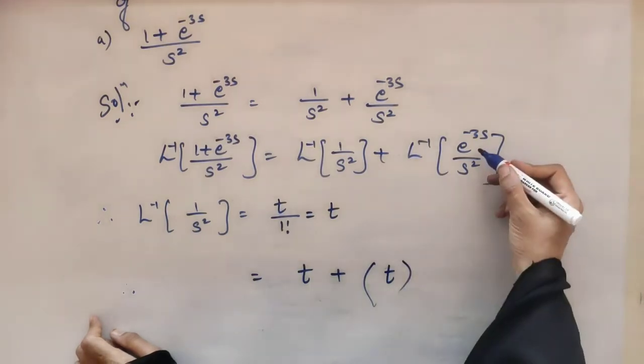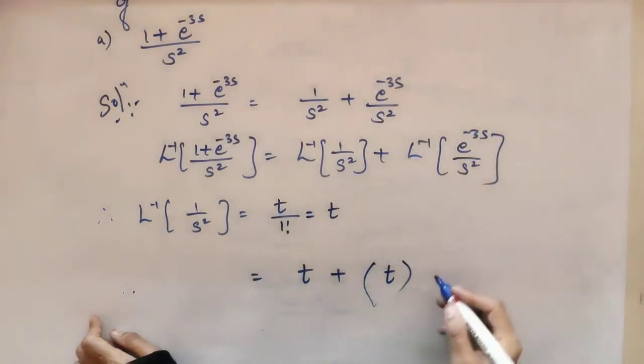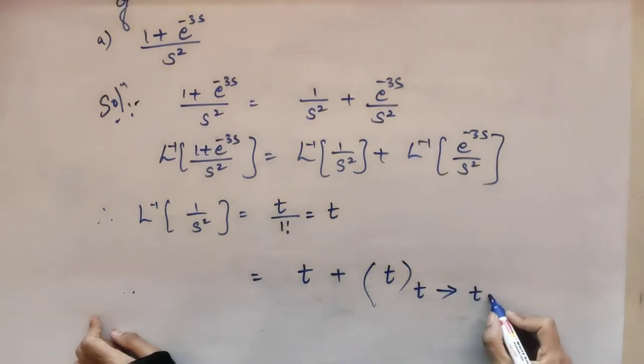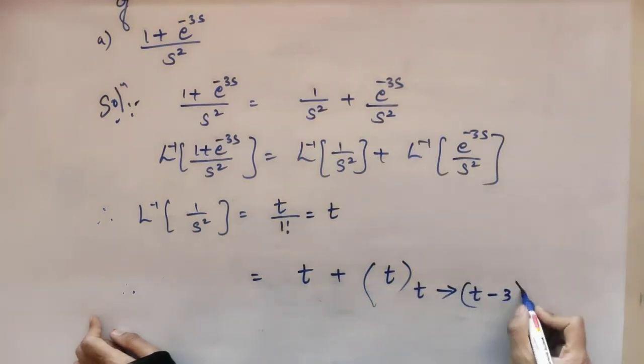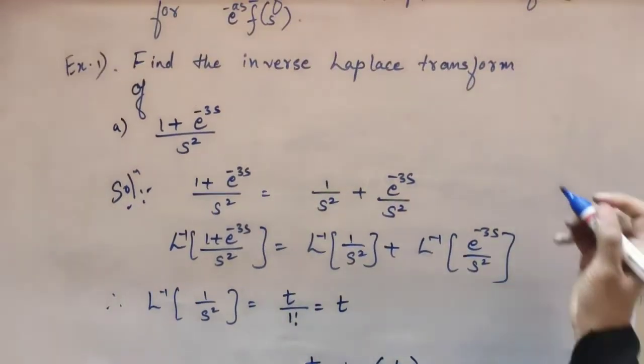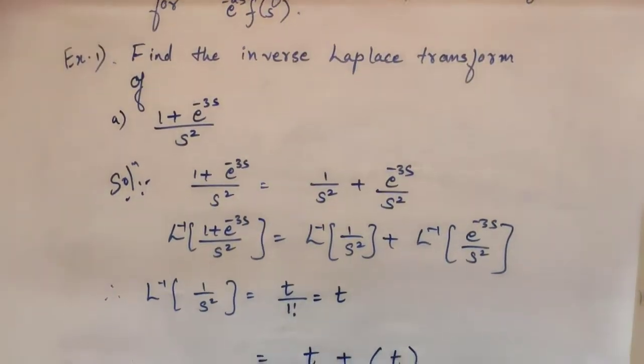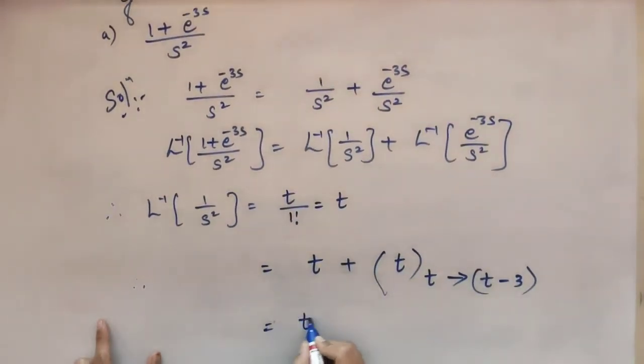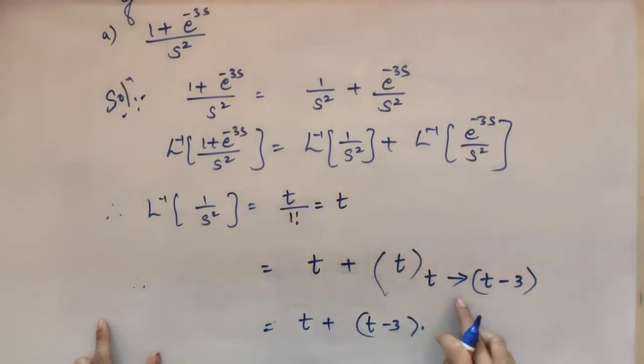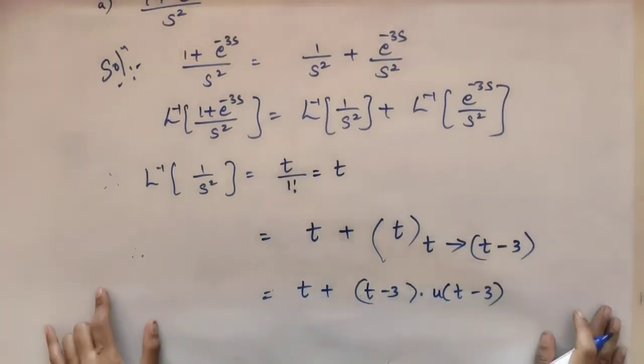But since there is e to the power minus 3s, you have to change your t to t minus 3, because of the property I had written previously in this video. So it will be t plus t minus 3 into, but you are not only going to change it, you will also multiply with the unit step function of t minus 3, u of t minus 3.